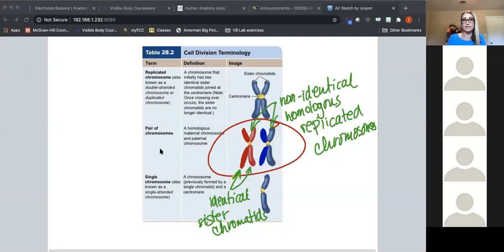It could be the same, like both parents could give you blue eye color, for example, but they could be different. So again, homologous chromosomes have the same kind of genes, but not necessarily the same code for that gene. Hopefully that makes sense. All right, so let's look at how we create these gametes.